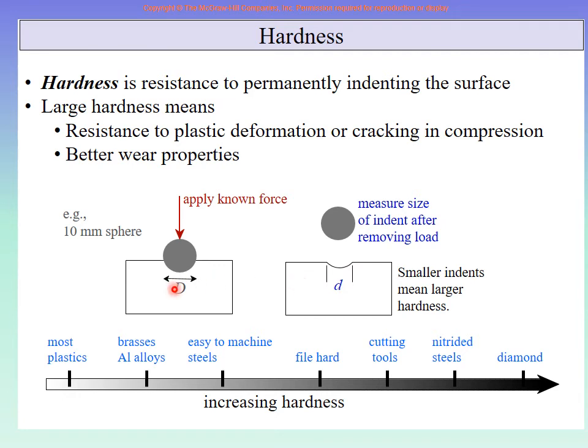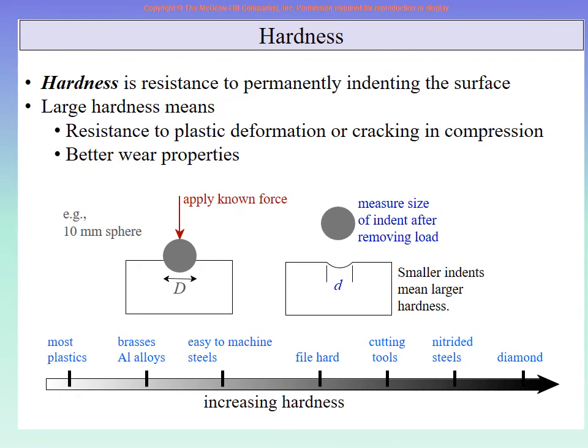This capital D is the diameter of the original ball. You know the amount of force with which you applied it and kept it here for some time. Then once you removed it, it left a small diameter, small d. By measuring this force and this small diameter d, and knowing the diameter of the original ball, we can calculate the hardness of the material.